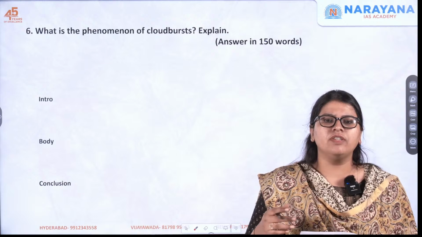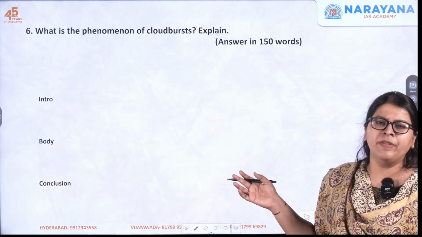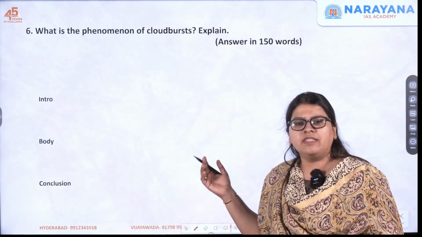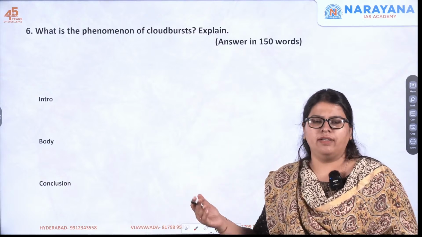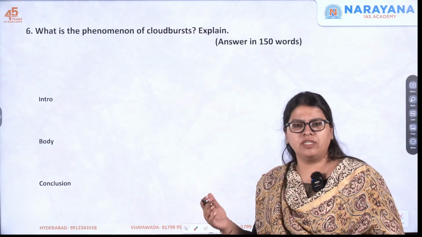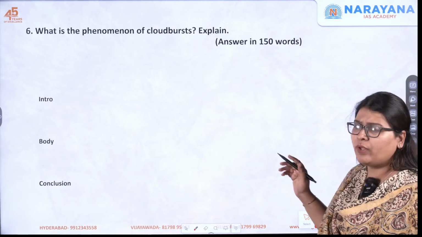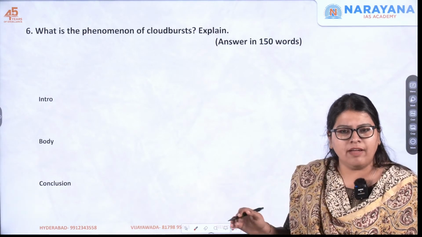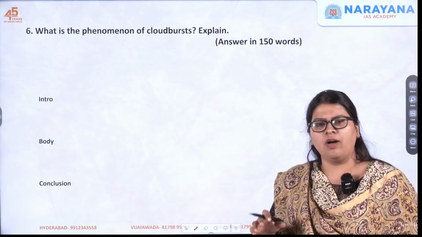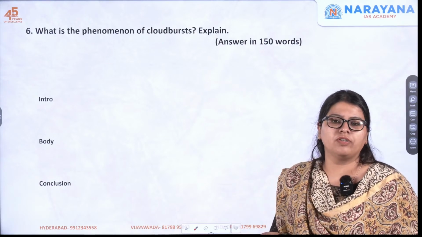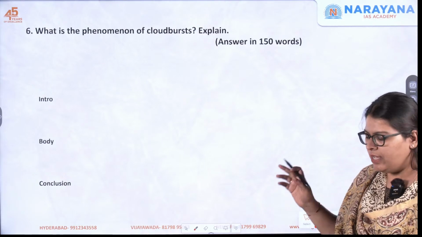For each of these, you can cite examples. For example, a lot of incidents have been happening in Uttarakhand and Himachal Pradesh. All these regions can be cited as examples. Again, here you can connect it with SDG 11, sustainable cities, how the planning has to be and what precautionary and mitigation measures you need to take.